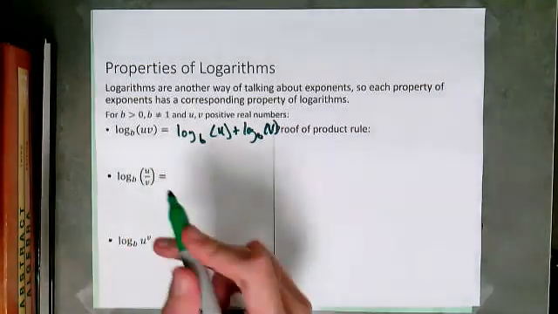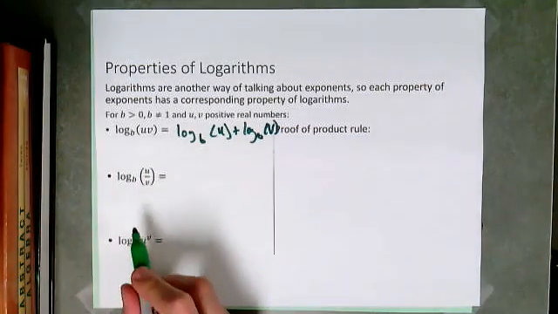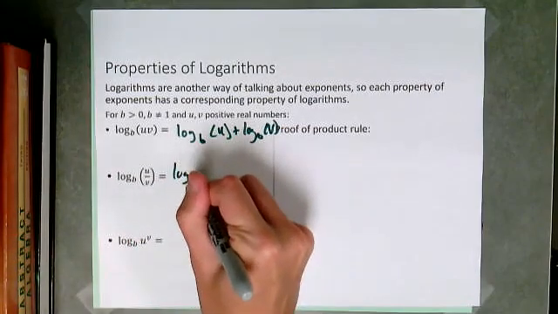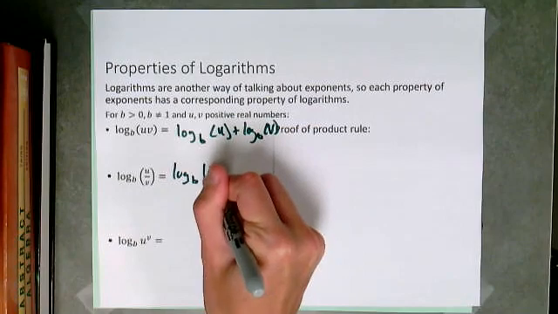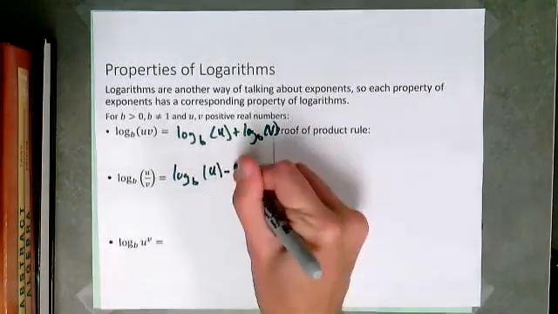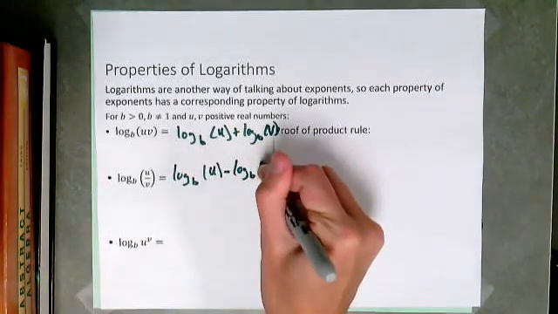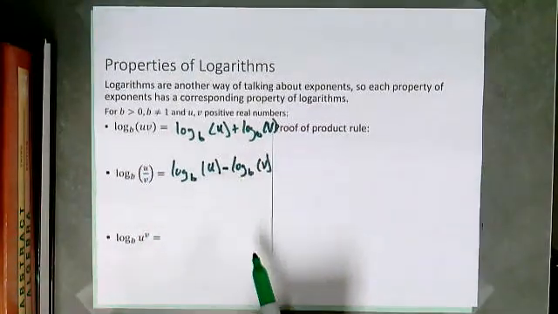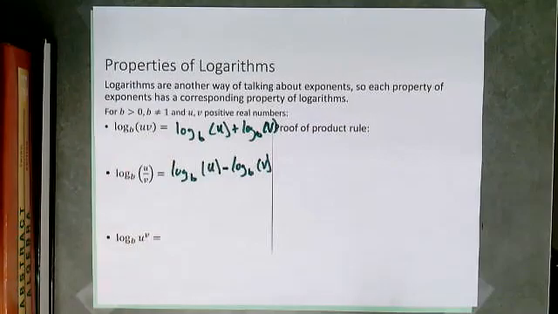Well, product rule. Log base b of u over v is going to be log base b of u minus log base b of v. So your division turns into subtraction, multiplication turns into addition.